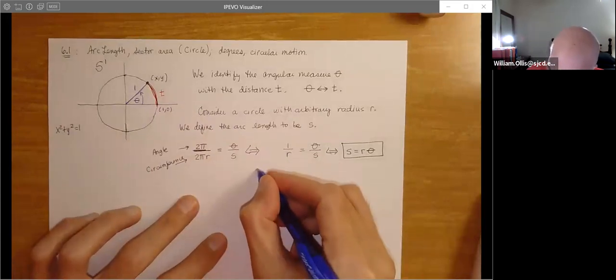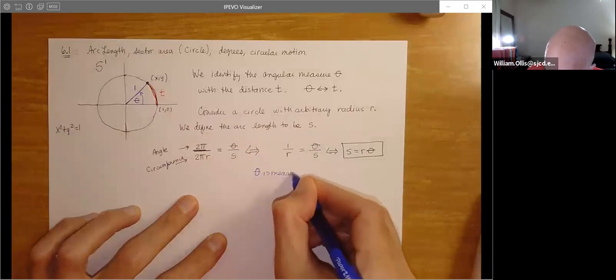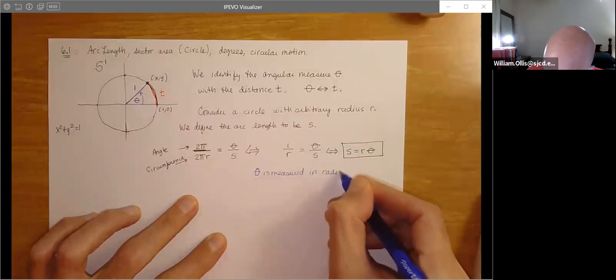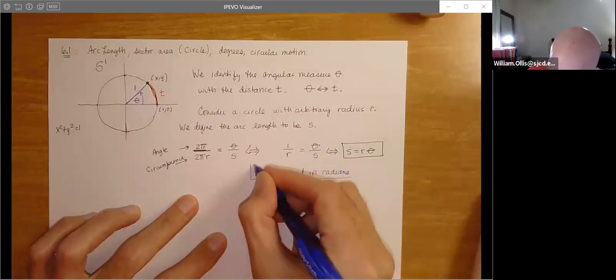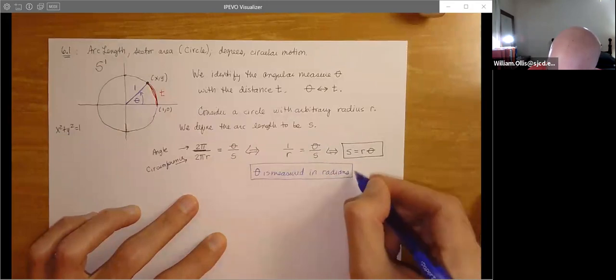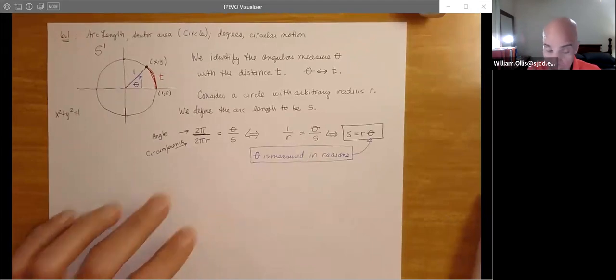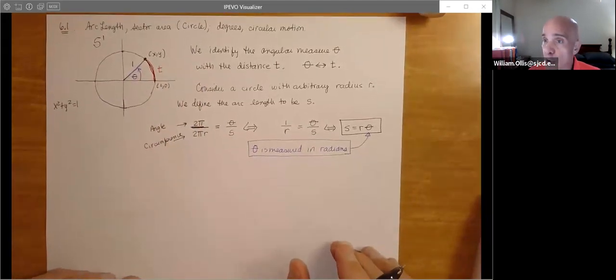So I want to say theta is measured in radians. This is easy. I mean, this is one of the easiest formulas we've had so far. It's measured in radians. So this is very important. We have to use the pure measure of the unit circle, okay? So don't make that mistake. We're only thinking about radian measure. That's why I'm doing this first.